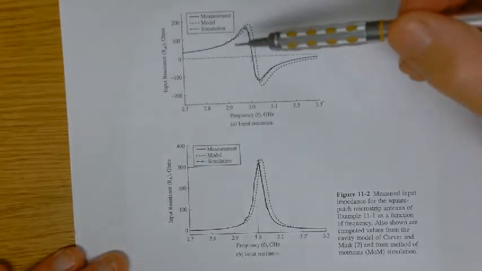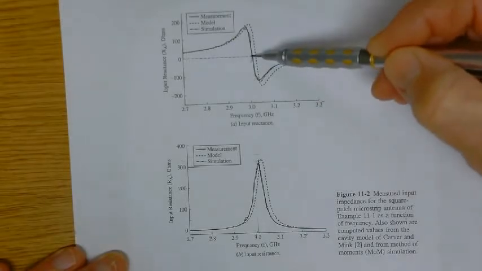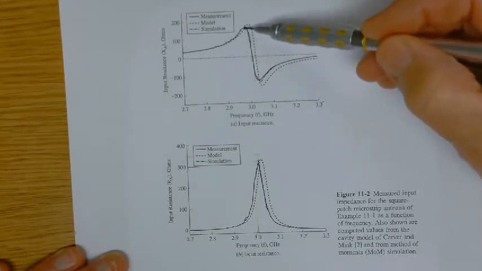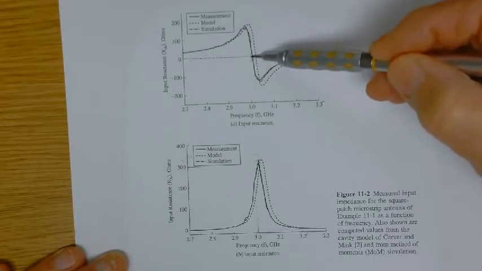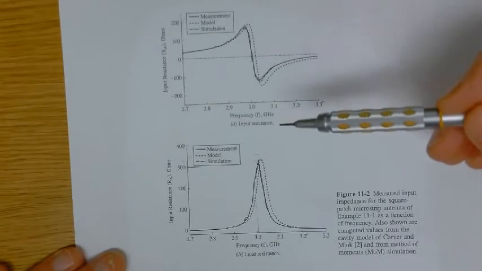So what do we mean by resonance? Well, resonance is that point where the reactance goes to zero. Here it's positive, so that's inductive reactance, and then here it's negative, so that's capacitive reactance. And in between it's zero, so this is the frequency at which the patch resonates.